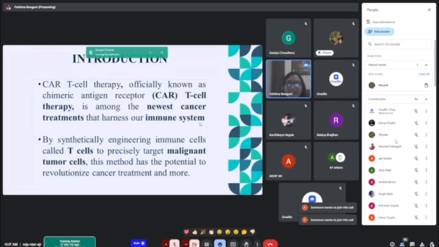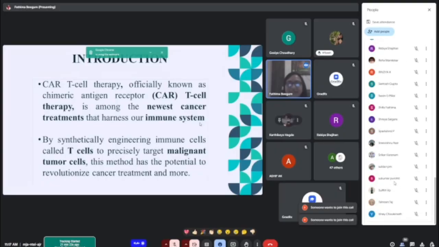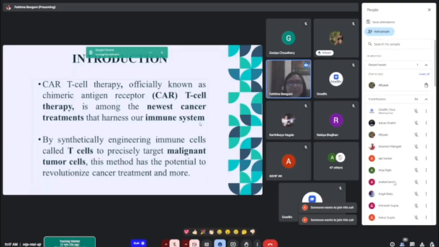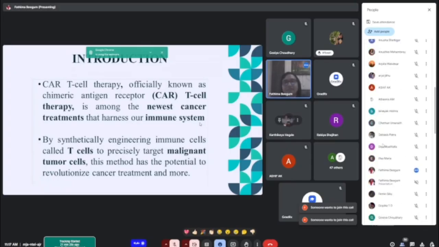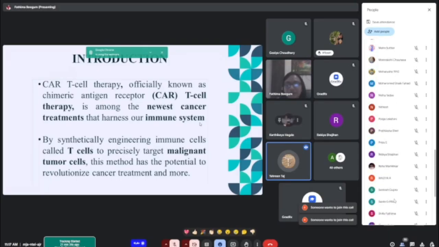Then we can make this a discussion. It is related to immunostimulants and immunosuppressants. Yeah, immunotherapy is the use of immunostimulants and immunosuppressants.